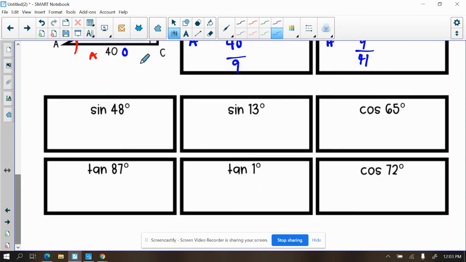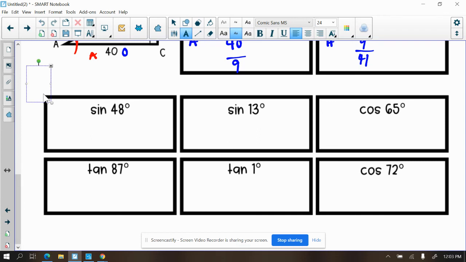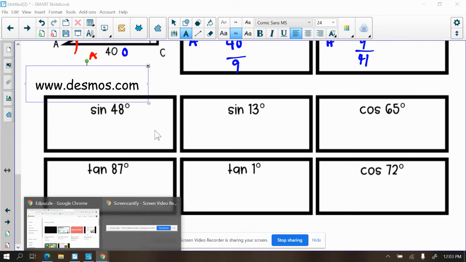Okay, then these down here, I'm just going to type this in. I don't believe your cell phone one will work for this. If you turn it sideways, it will work, but I do want us to use Desmos.com.